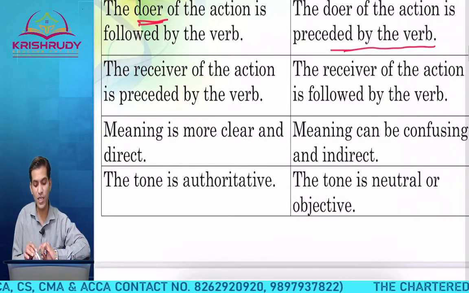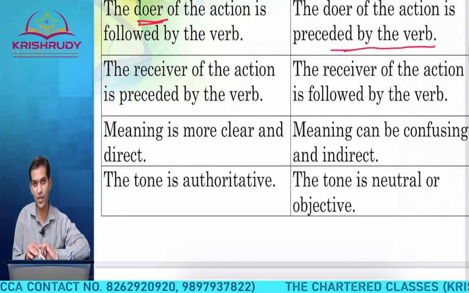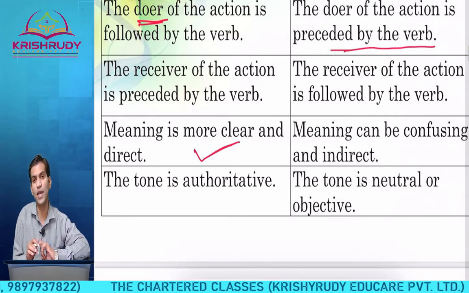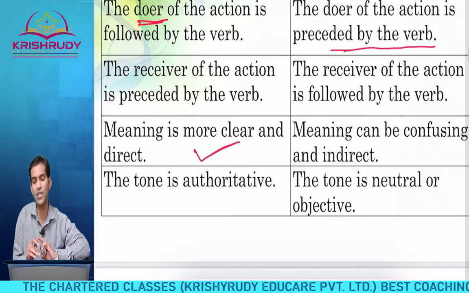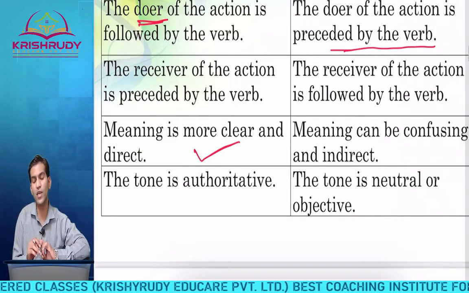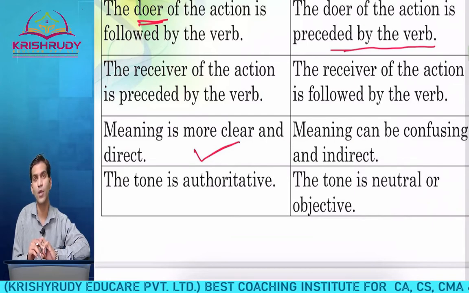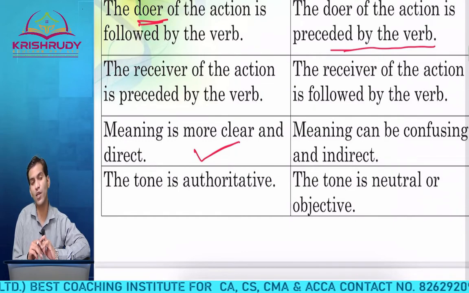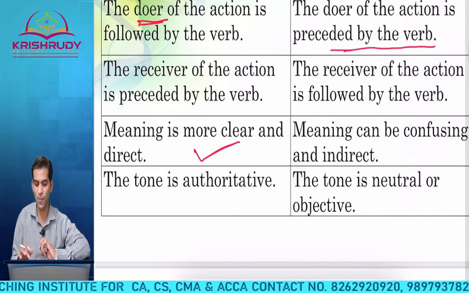In active voice, the meaning is more clear and direct, right? You can easily find out what an active sentence is. And as I already told, whenever we read something, make sentences, or talk to somebody in English, we find mostly active sentences.